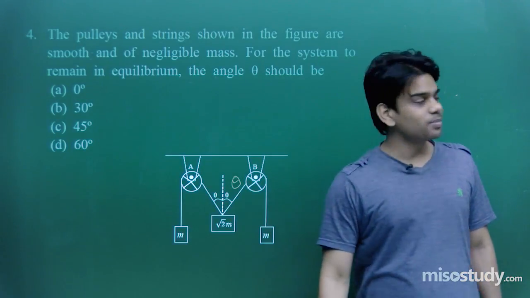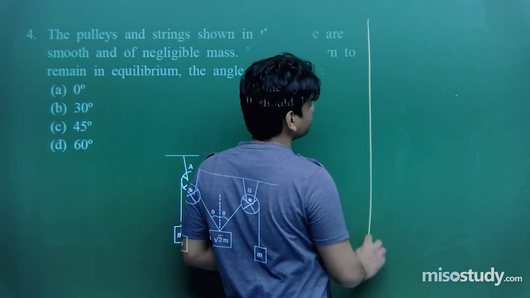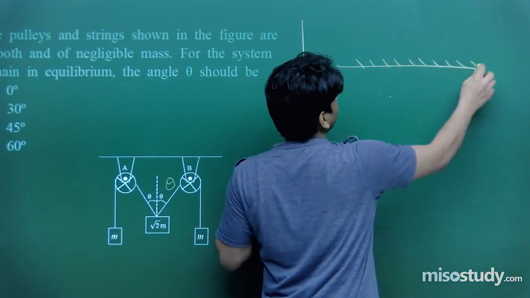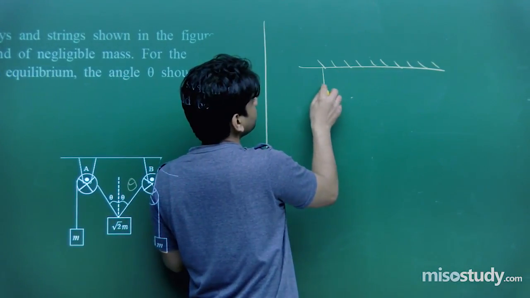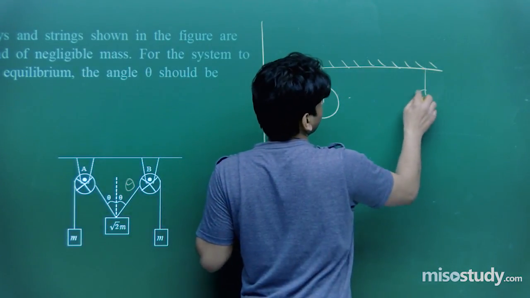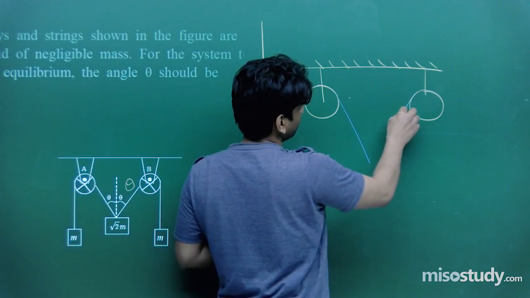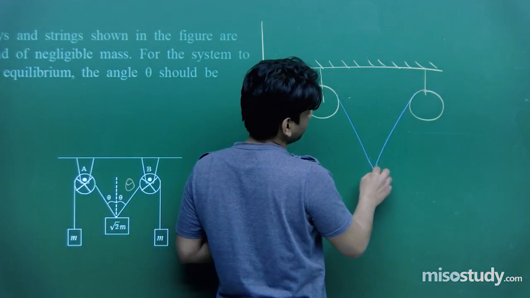Now let me draw the diagram separately for your better understanding. This is how it is represented. So we have two pulleys. We have strings passing over the pulley. That is what I am doing here. I am attaching the two pulleys here.